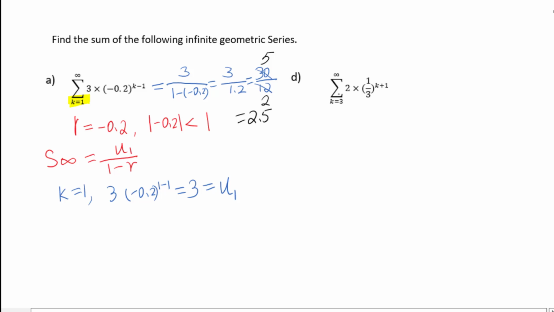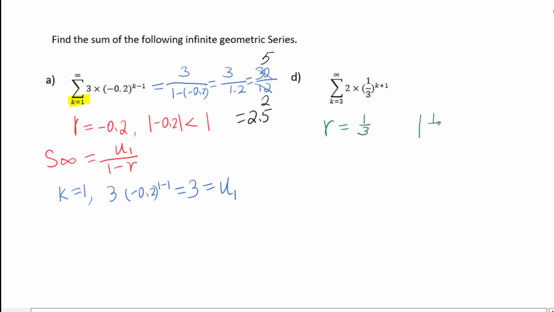For D, the sum of 2 times 1 over 3 to the k plus 1th power, where k goes from 3 to infinity. First of all, just check the common ratio. That equals 1 over 3.